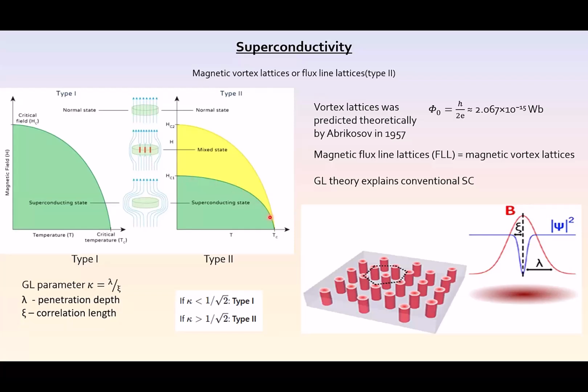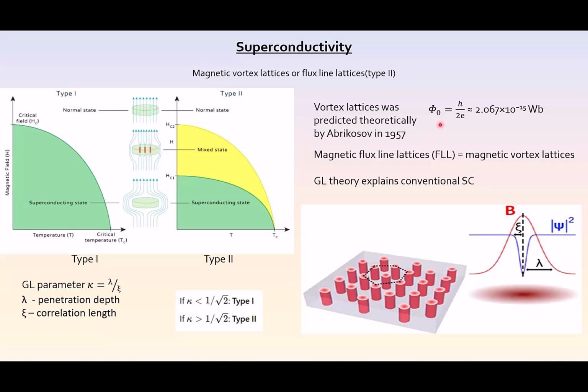And the phase diagram looks like this. This yellow area corresponds to the mixed state. So it's characterized by lower and upper critical fields. And between these fields, we can study the structure of these superconductors using neutron scattering, because they are forming such lines, so-called vortex lattices.